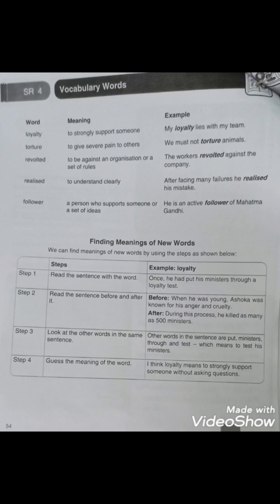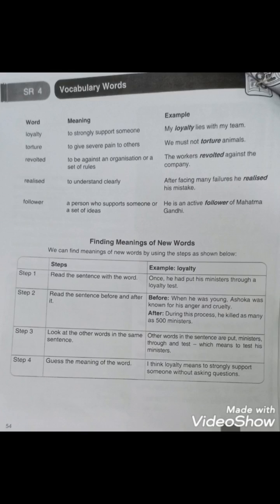Step 2. Read the sentence before and after it. See, before, when he was young, Ashoka was known for his anger and cruelty. During this process, he killed as many as 500 ministers. Step 3. Look at the other words in the same sentence.